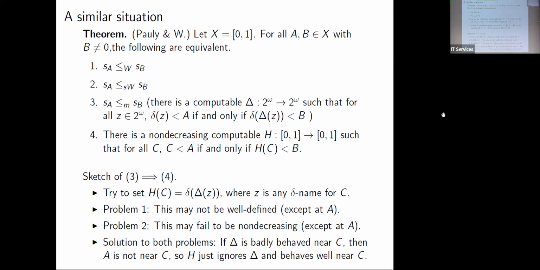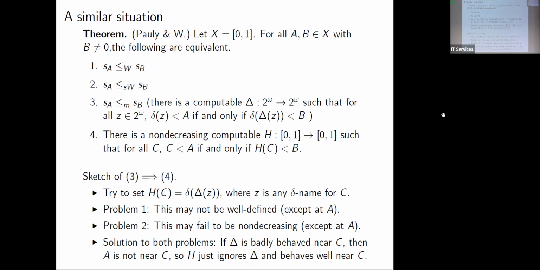And we don't know about the parallelization part or not, but at least it's still pretty robust when you do the unit interval. So just to give you an idea of what the extra difficulties are that you run into when you have to deal with the names, let me talk a little bit about the 3 implies 4 direction of this.